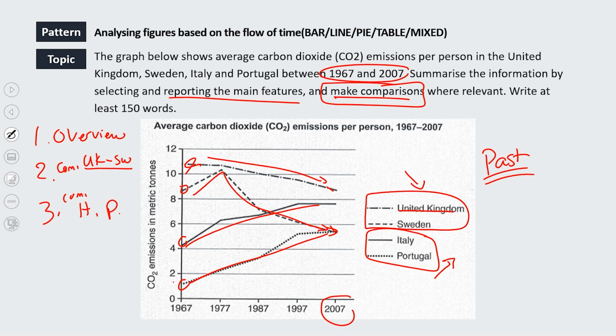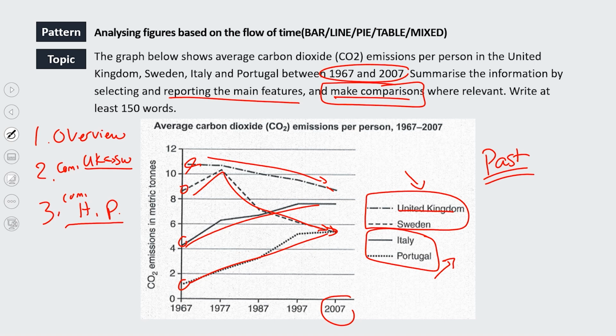So in body 2, I'm comparing the UK and Sweden, and then on the other hand, 2 other countries actually increased their amount of carbon emissions per person. However, they both had a steady increase over the time period, and then give the details about that, and then say, however, Italy still remained a higher CO2 producer than Portugal. Okay, so if I was going to divide up this task, that's how I would do it, probably.